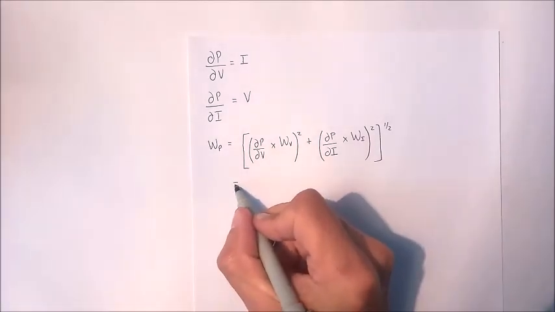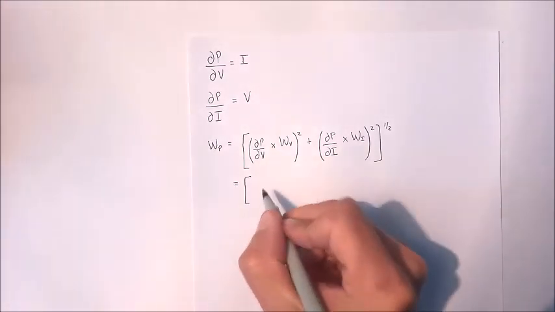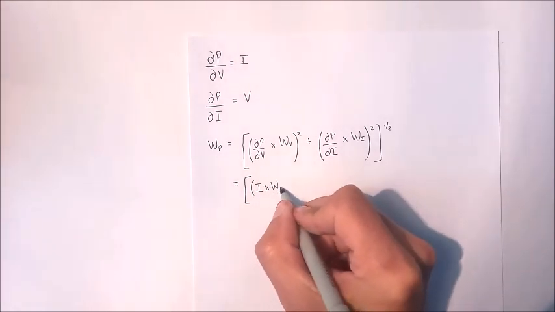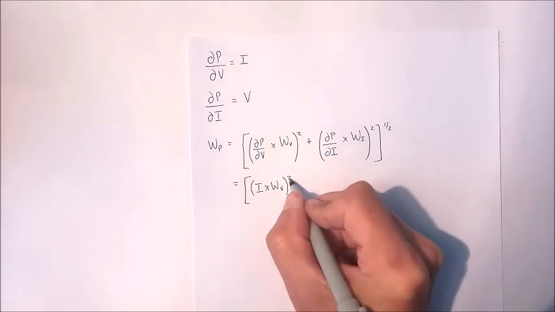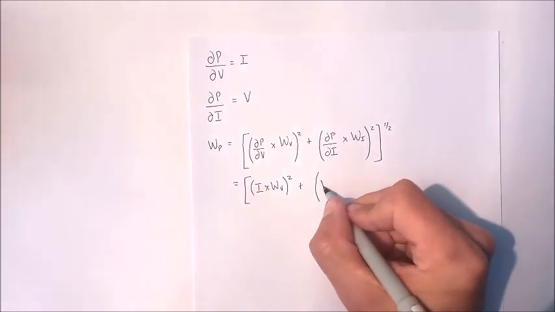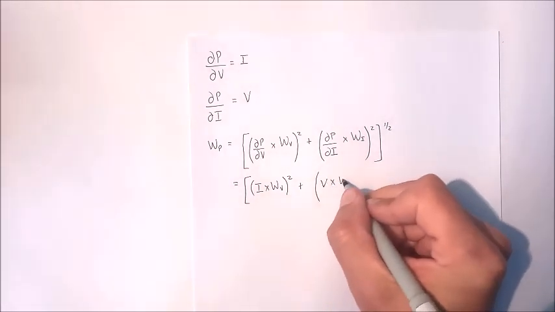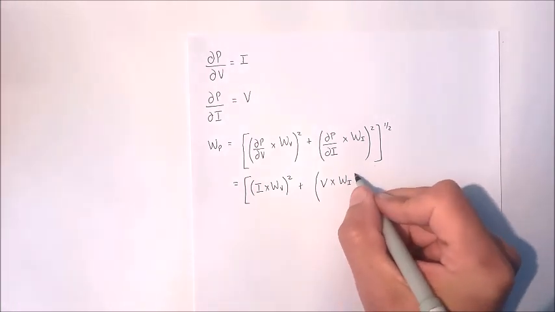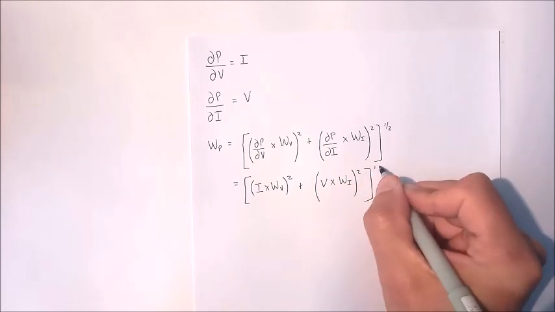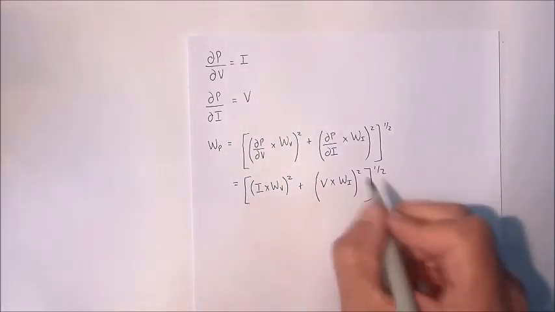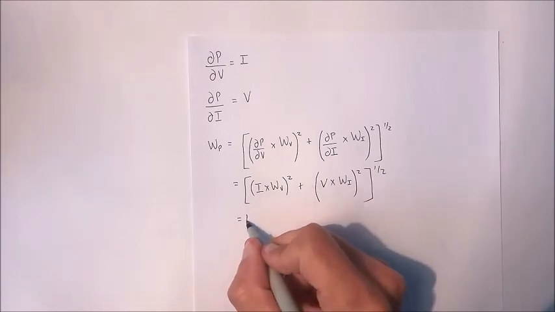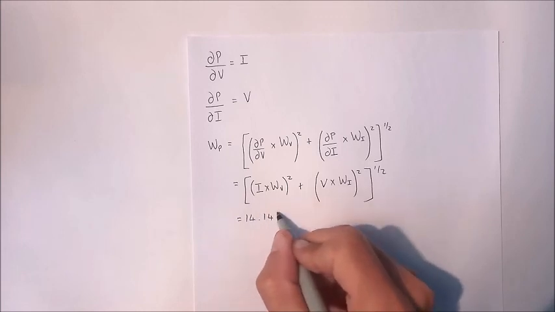So this is equal to I multiplied by the weighting factor of V squared, plus V multiplied by the weighting factor of I squared, and then you get the square root of that. And now if you do the calculation on your own, which I'm still going to leave for you to do, you will then get an answer of 14.14 watts.